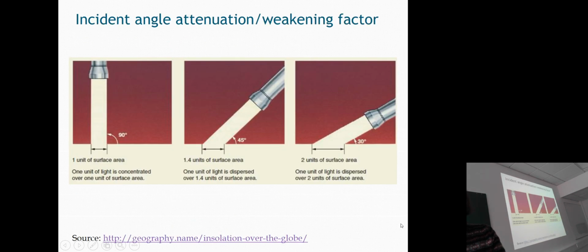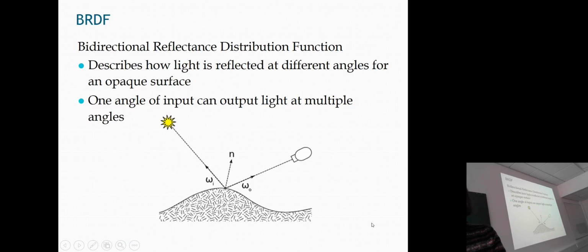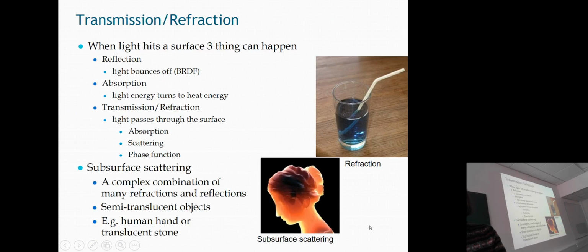We have this attenuation that you have already mentioned, and the BRDF, and except for reflection that we have for opaque objects, there are some other things happening for translucent objects: transmission and refraction, where the rays are refracted and bent.